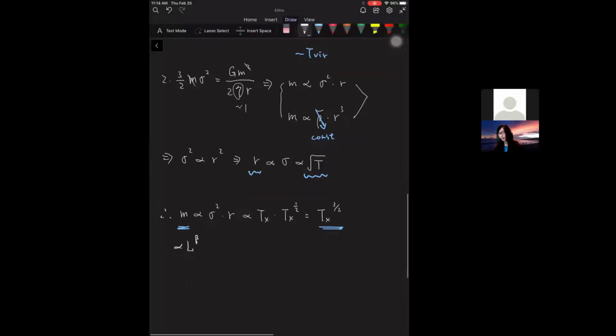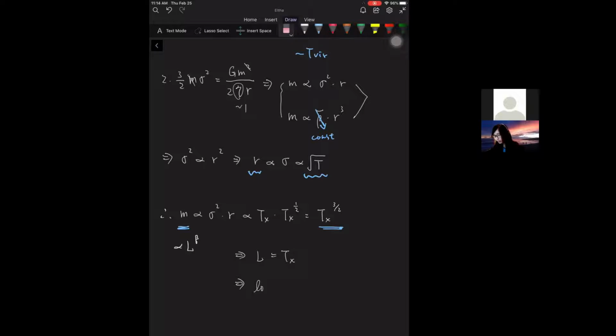And so this means we have luminosity equal to Tx to some order, right? And from, I believe, the homework last week, you know that the exponent relation will turn into a linear relation in a log-log plot.